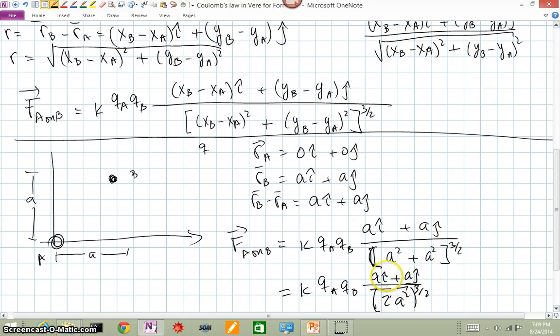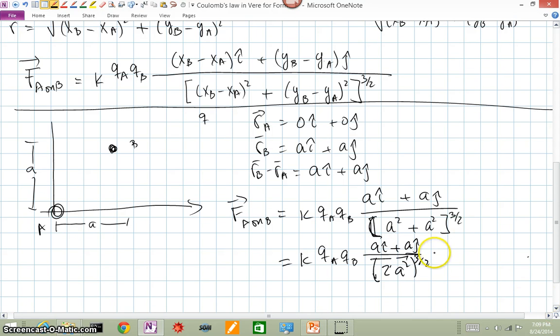And then we can simplify this further. This square is going to cancel with this, and I can do some extra simplification. So this is K, QA, QB, then you're going to get 2 to the 3/2, then you get a cubed and then ai plus aj.